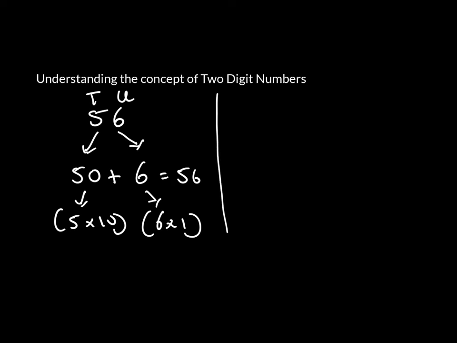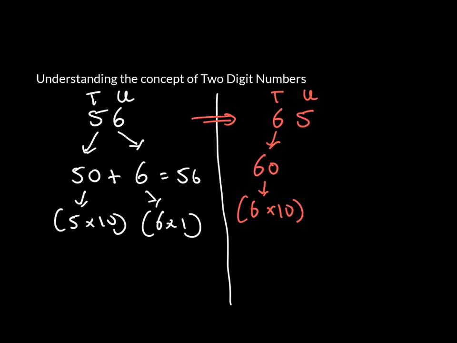We know the concept. Now if we reverse the numbers, 56 becomes 65. Now 6 is in the tens place, and 5 is in the units place. Now the value of 6 is 60 because 6 times 10.